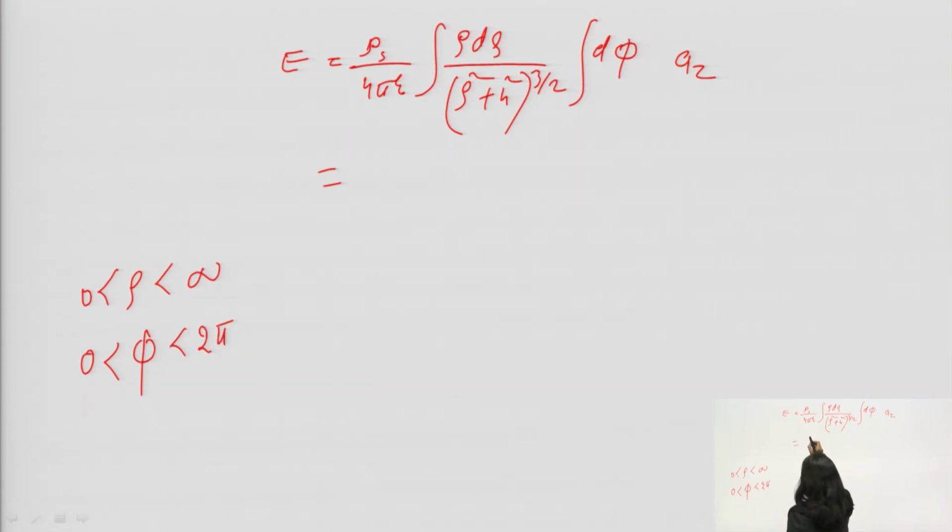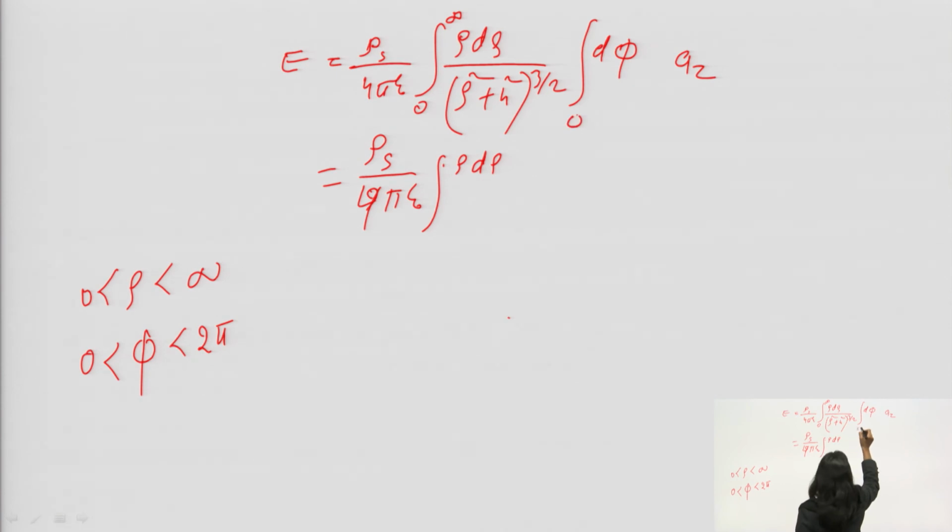So it will be simplified as rho s by 4 pi epsilon, rho d rho, where we write here 0 to infinity, and 0 to 2 pi.